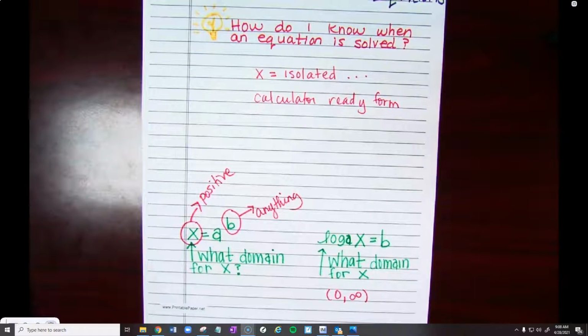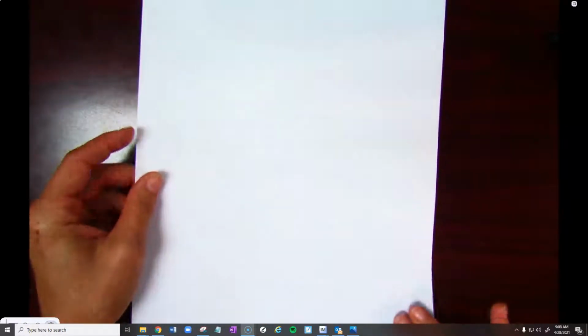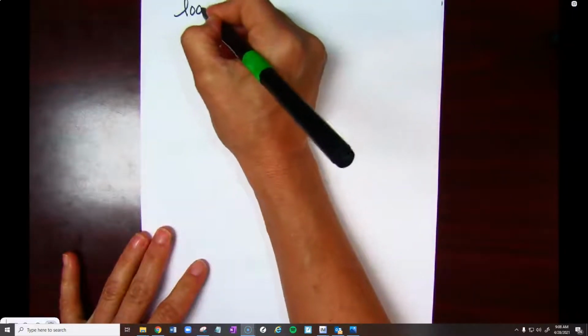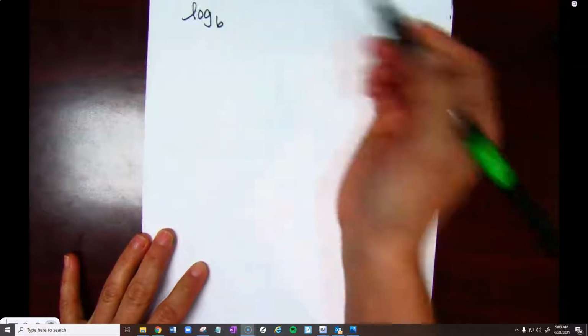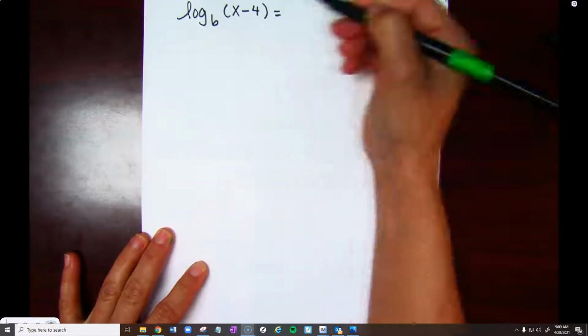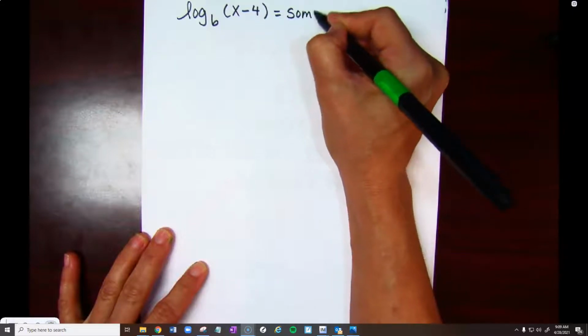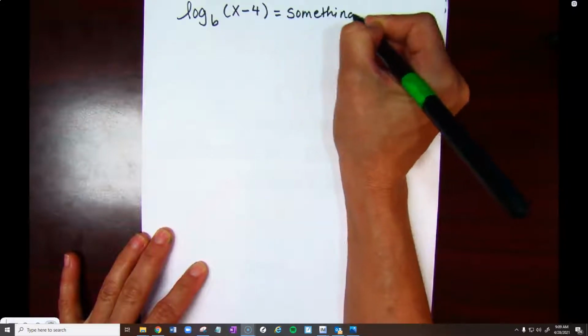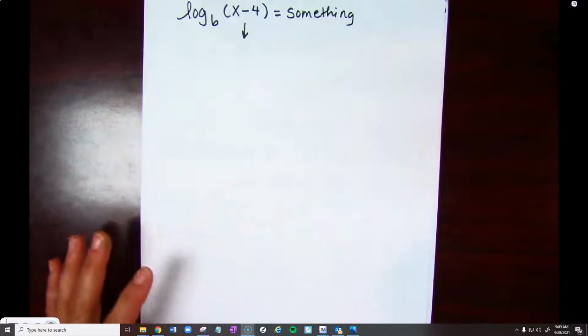But there are a couple of extra things I want to talk about. Of course there is. There always is. Let's go ahead and talk about this scenario right here with regards to domain. What if I had log base b of x minus 4 and this equals something? We're just really worried about what the possible domain would be for the argument.